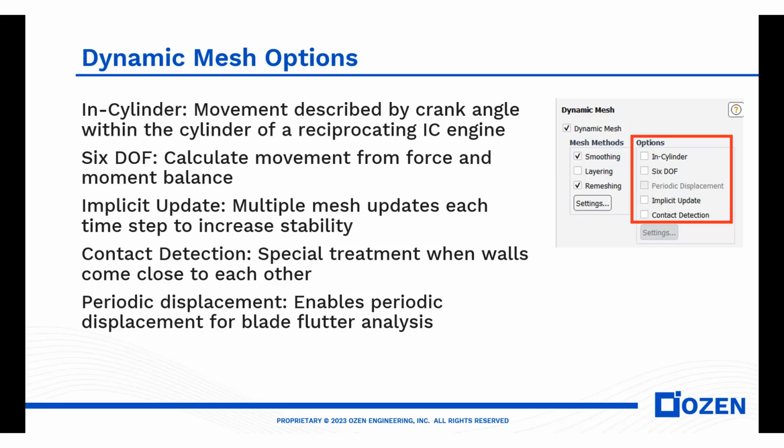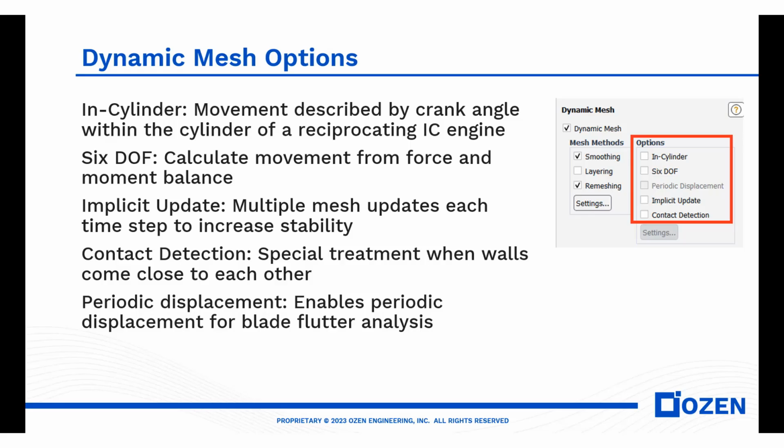Another one is the time step for the simulation, and we have to be sure that the smallest time step is chosen when we're running the transient simulation with dynamic mesh motion. Implicit updates help in this way to increase the stability of the solver.